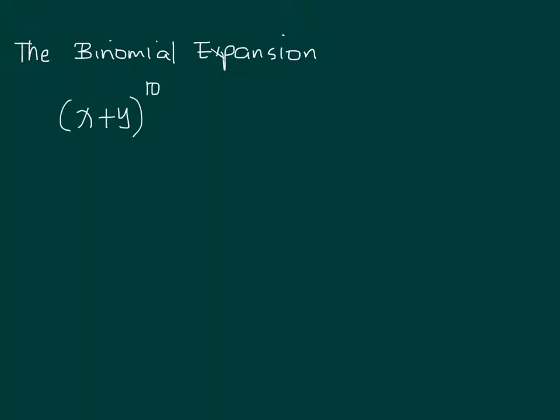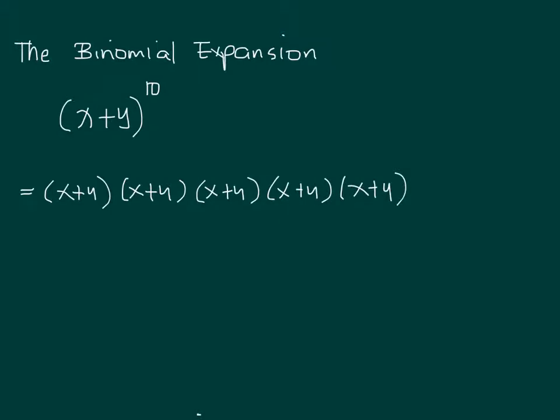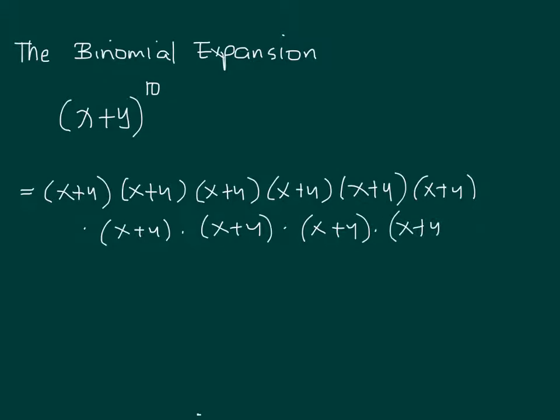then one possible way could be you multiply x plus y 10 times. So x plus y and then x plus y. So 1, 2, 3, 4, 5, another x plus y, 6, then times x plus y, 7, x plus y, 8, and then x plus y, 9, and then x plus y, 10.